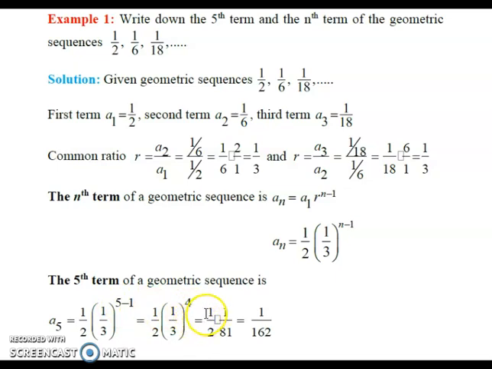That is equal to 1 by 2 multiply 1 by 3 to the power of 4, which becomes 1 divided by 81. That is equal to 1 divided by 2 multiply 81, 162. This is the fifth term of the given geometric sequence.